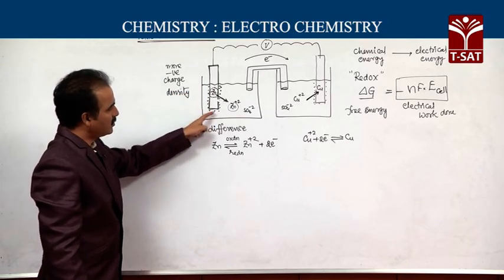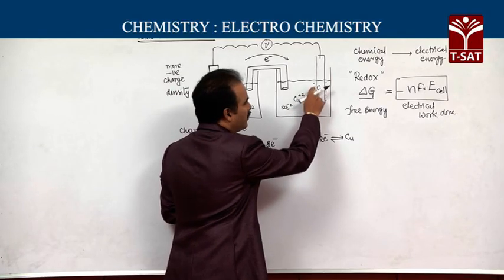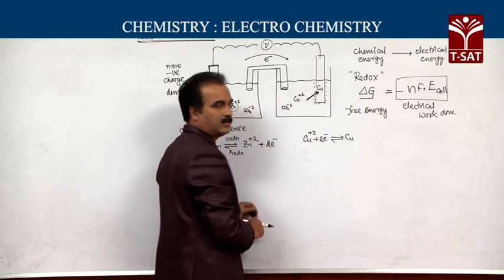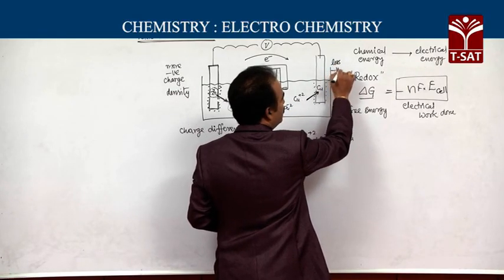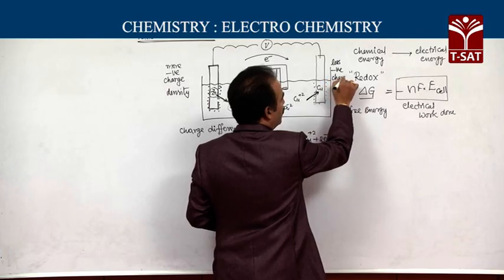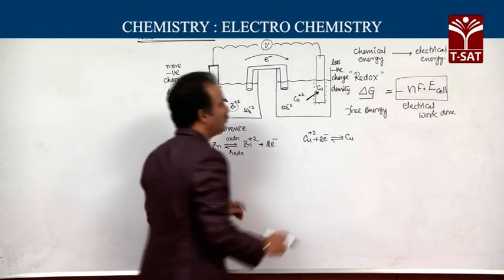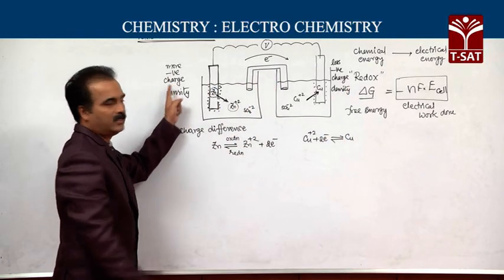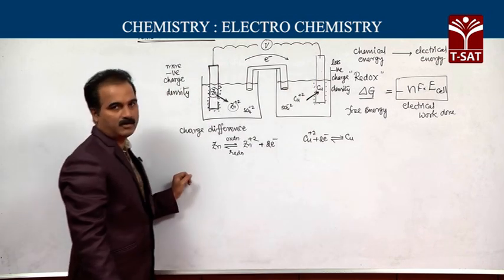More negative charge density is developed at the zinc electrode. Less negative charge density is developed at the copper electrode. As a result of this, electrons will travel from the zinc electrode to the copper electrode.